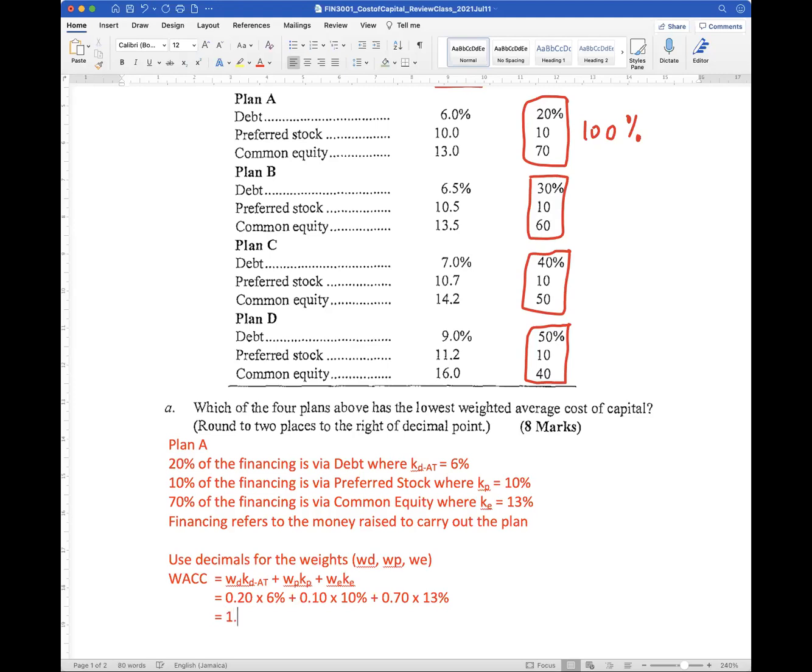All right, so we have 1.2%, plus 1%, plus 0.7 times 13, 9.1%. So on the other part, we get 10.1, 11.3, right?